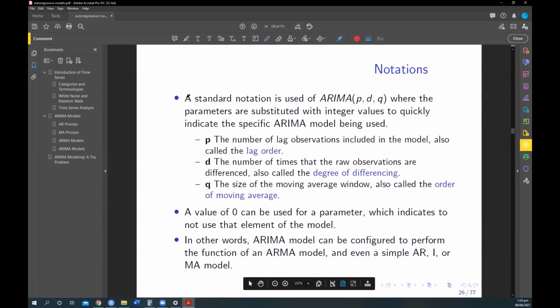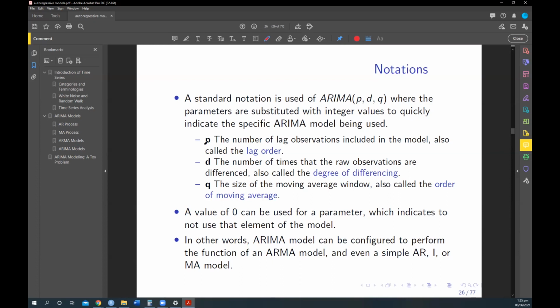Okay, so the standard notation for the use of ARIMA is p, d, q. So you write ARIMA, open parenthesis, p, d, q, close parenthesis. So what are p, d, and q, and how do you specify this in the model? P is just the number of lagged observations included in the model.